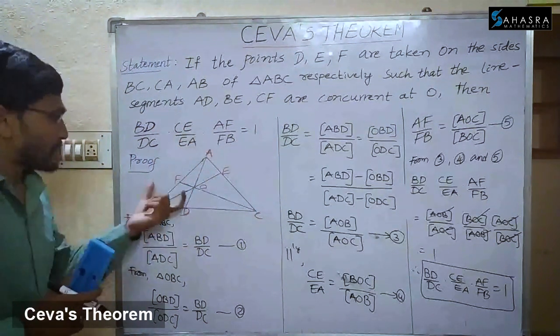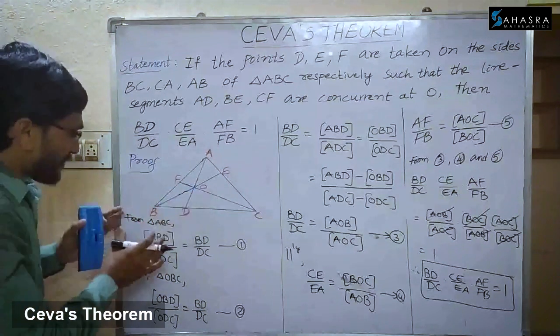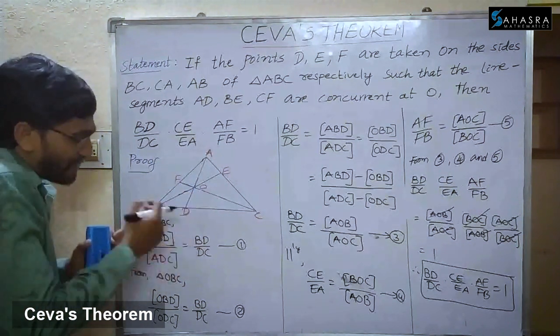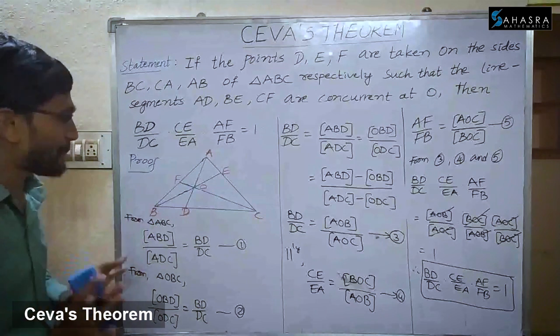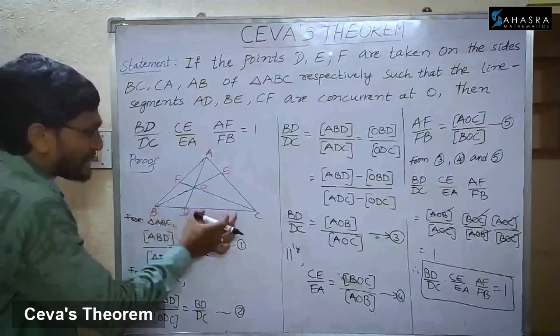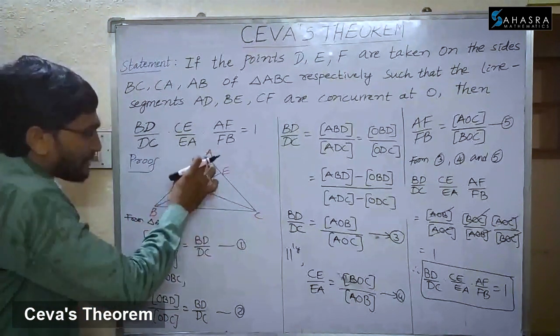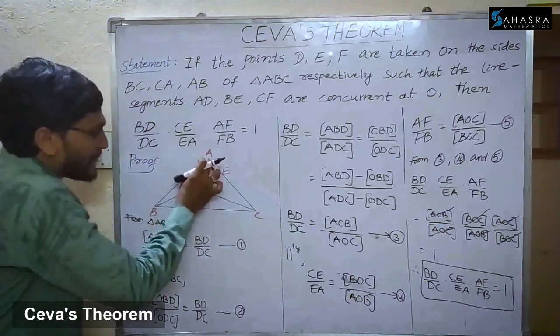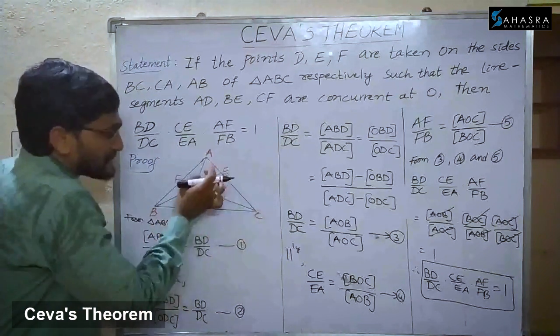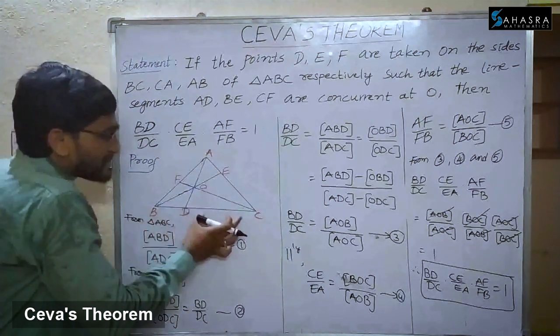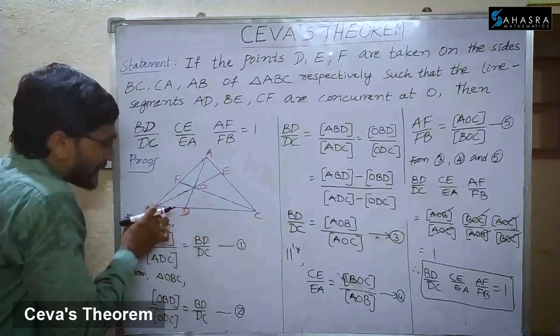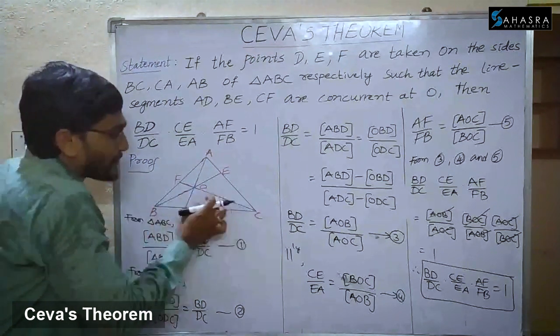Here the very important point is how we can find these ratios. If you want BD by DC, it is area of triangle ABD by area of triangle ADC, and also BD by DC is area of triangle OBD by area of triangle ODC.